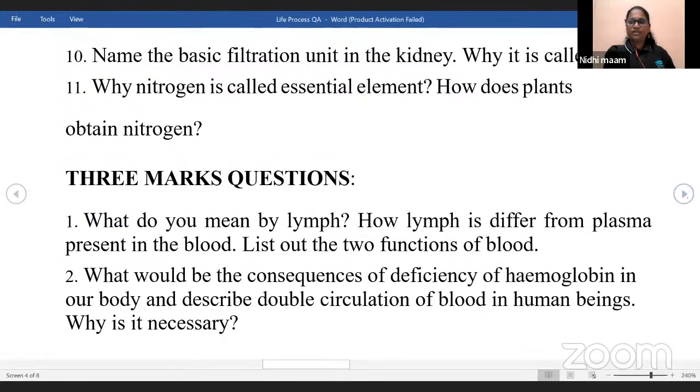Name the basic filtration unit in the kidney. Why is it called so? Very easy question. Name the basic filtration unit. Yes, YouTube students, come on.